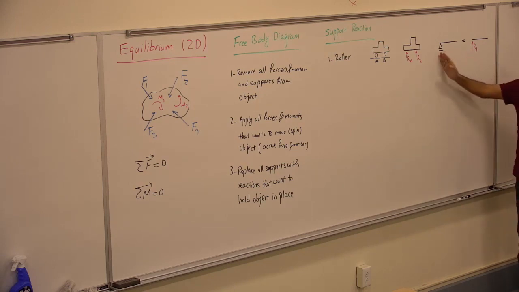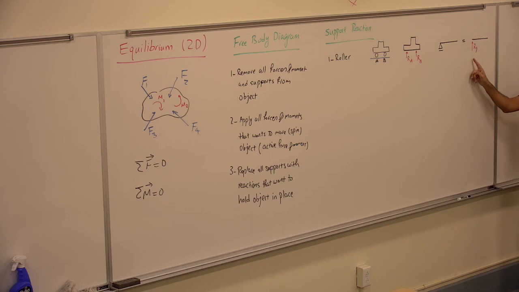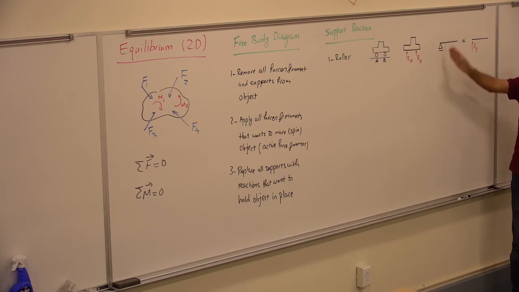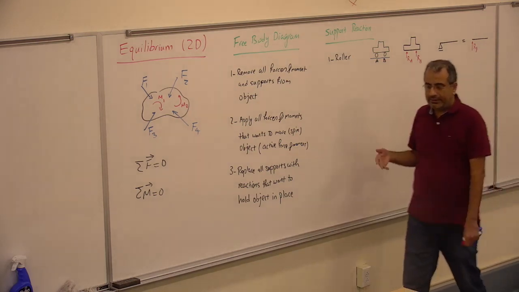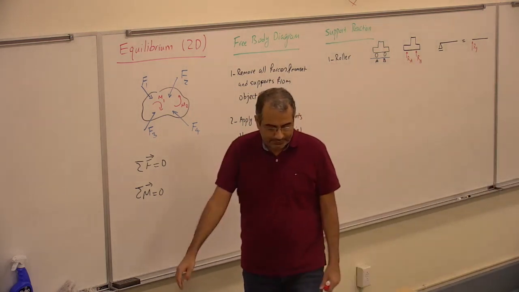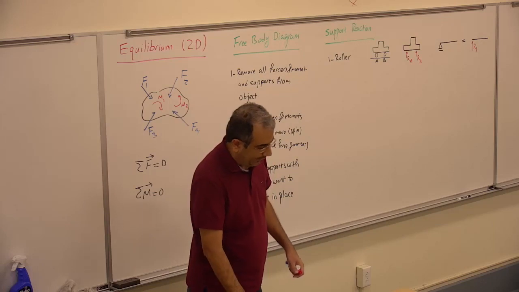We replace that with a single force, a single reaction. Remember that Ry, or the R at that point, is always perpendicular to the roller. It doesn't need to be horizontal, it can have any angle. If it has an angle, it's always perpendicular to that angle.